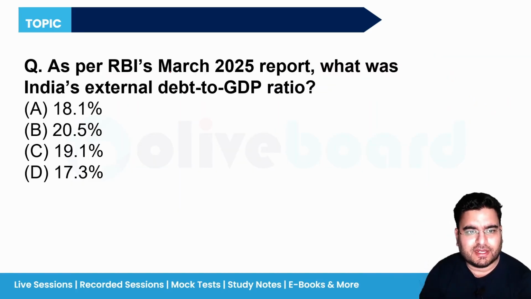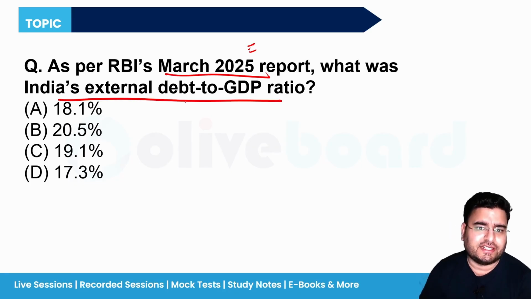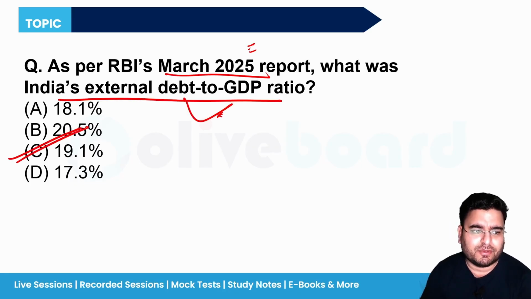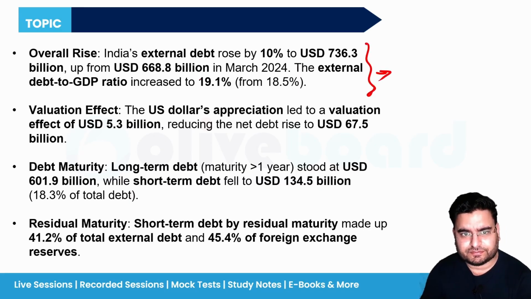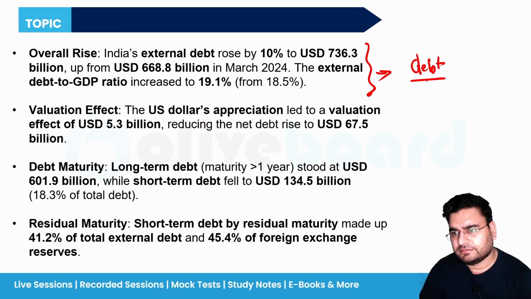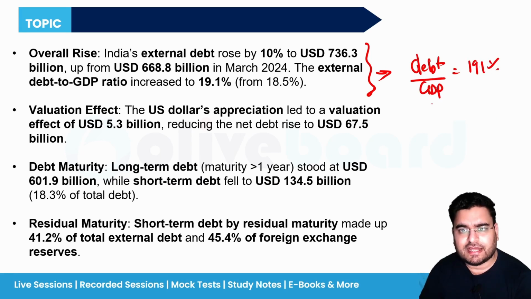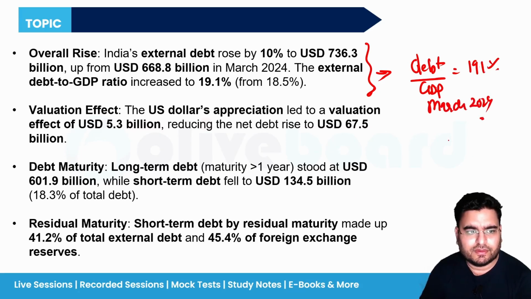So as per RBI's March 2025 report, India's external debt to GDP ratio stands at 19.1%. So please remember this thing. Debt to GDP, 19.1% as of March 2025, right?